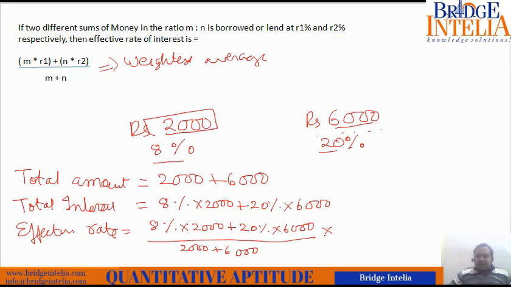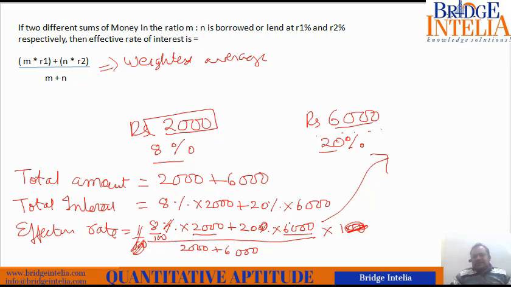So this is how you would calculate the effective rate. This percentage means dividing by 100. If you take this percentage out as common, this percentage and this 100 will cancel each other out, because percentage basically means dividing by 100. If you see properly, 2000 and 6000 have something common in them.